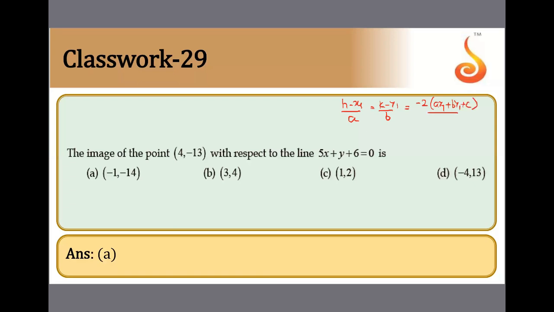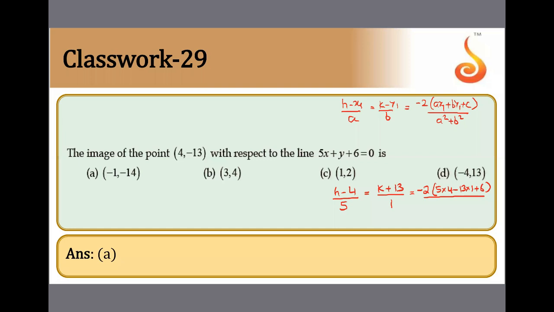So we get (h minus 4) by 5 equal to (k plus 13) by 1 equal to minus 2 times (5 into 4 minus 13 into 1 plus 6) by (25 plus 1). 5 fours are 20, 20 minus 13 plus 6 is 13, 13 into 2 over 26, you get minus 1.